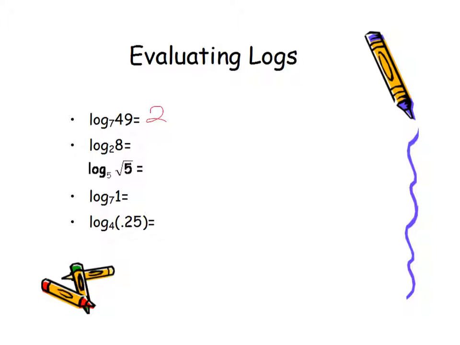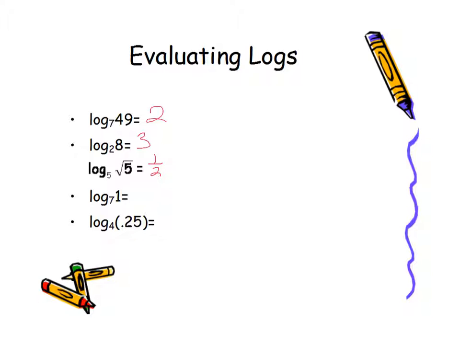So log base 7 of 49 is just 2. 2 needs to be raised to what power to get 8? Here's a trickier one. 5 needs to be raised to what power to get a square root of 5? A square root is really a 1/2 power. So log base 5 of the square root of 5 is really equal to 1/2.